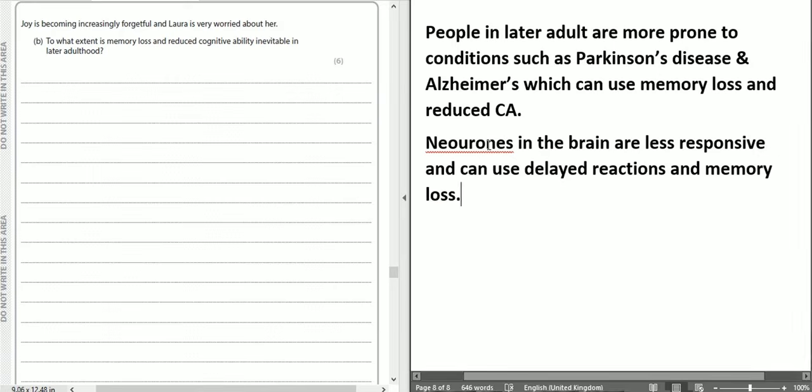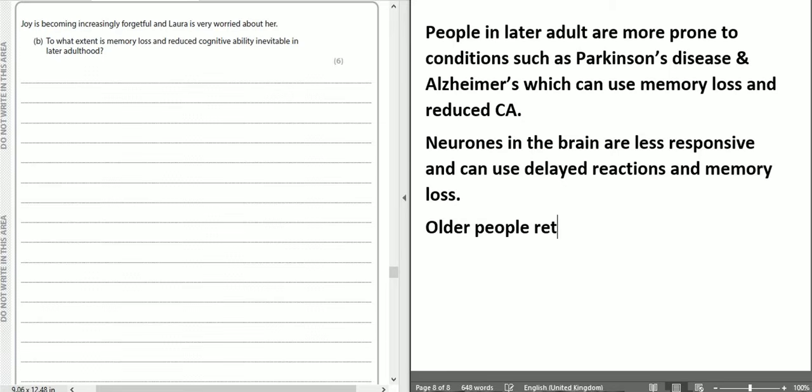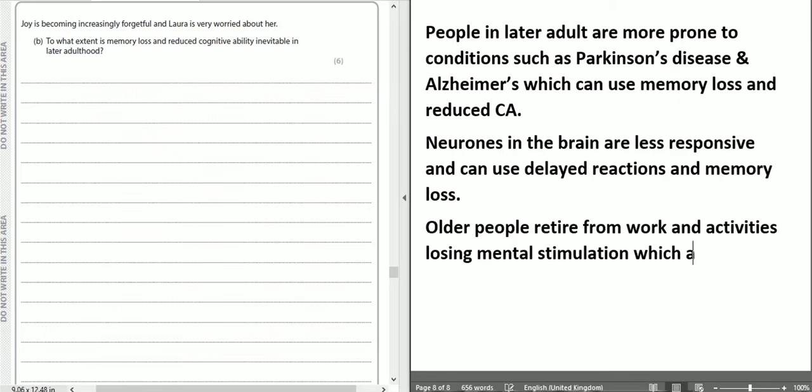We could even, if we wanted to go a little step further, think about the idea of older people retiring from work and activities, so losing mental stimulation, which can increase the decline of cognitive abilities.